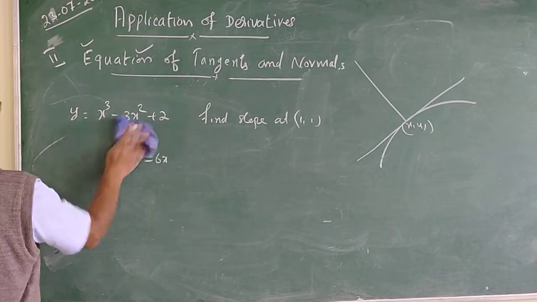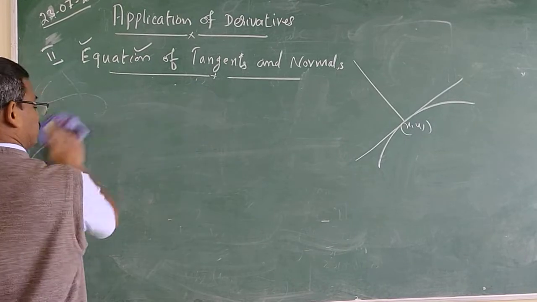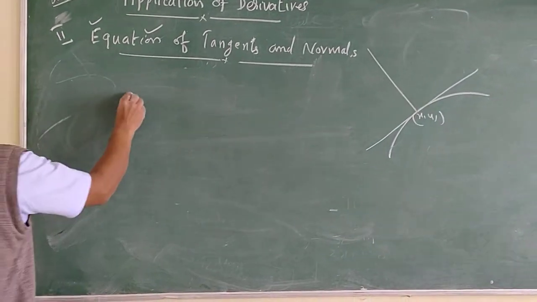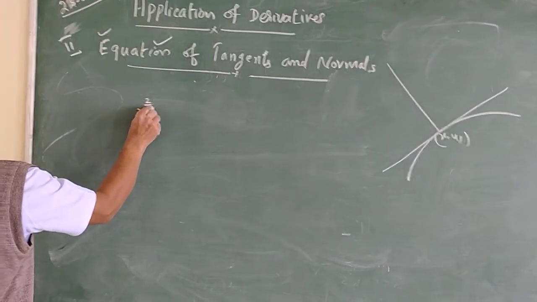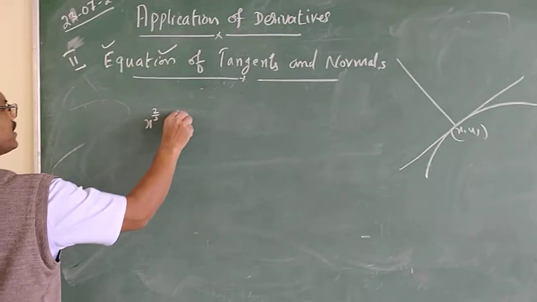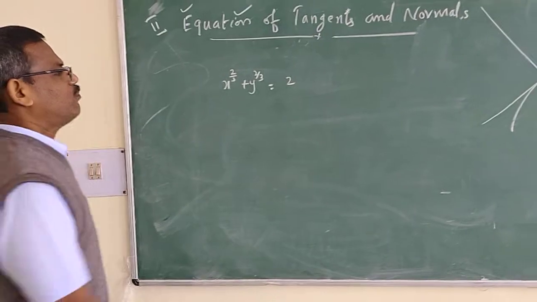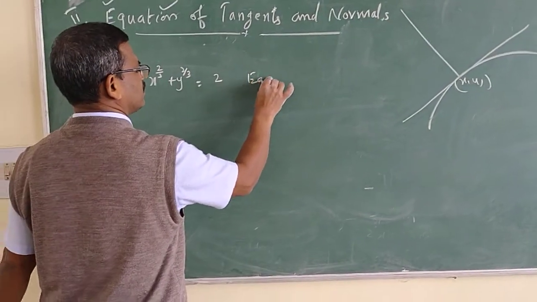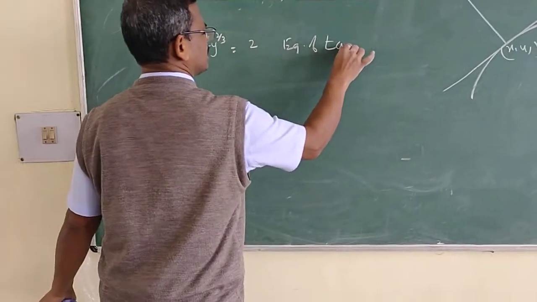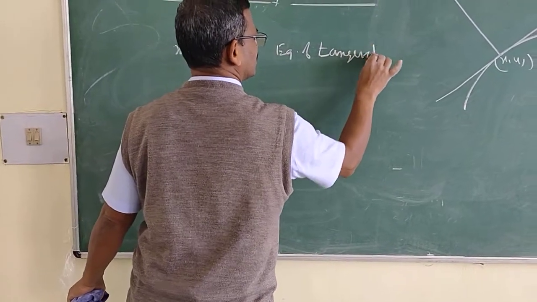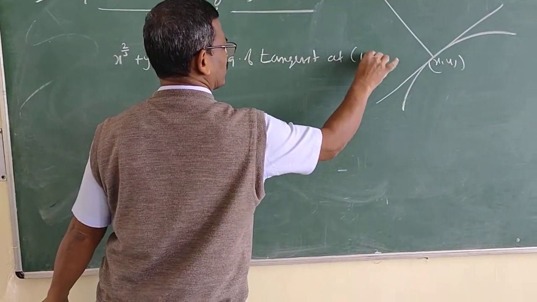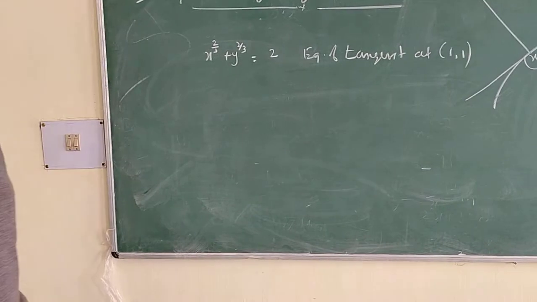Now I give one question for finding the equation of the tangent. Say x raised to 2 by 3 plus y raised to 2 by 3 is equal to 2. It is a curve given to you. Find the equation of the tangent at 1, 1.